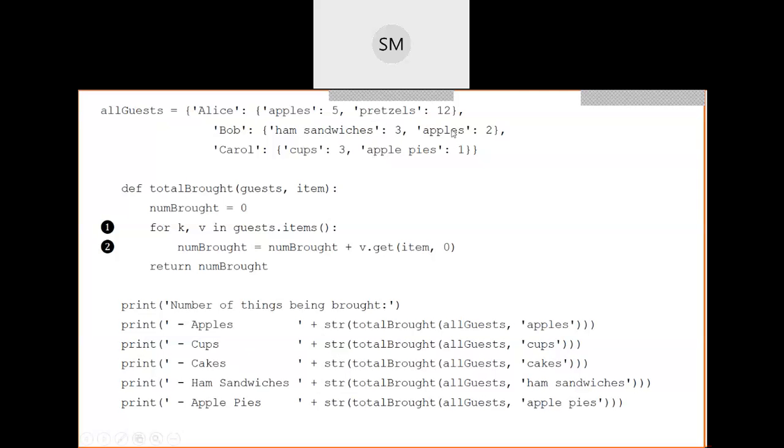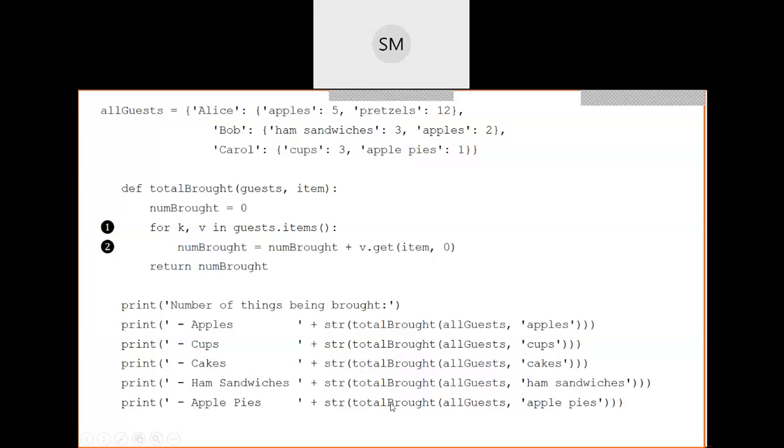Only apples, pretzels, sandwich, apples once again, cups, and apple pies are there. So cakes is absent, so the cakes count will be 0. And sandwich is present, so some number of sandwiches will be displayed here. And apple pies is also there, so the apple pies count will be displayed here.